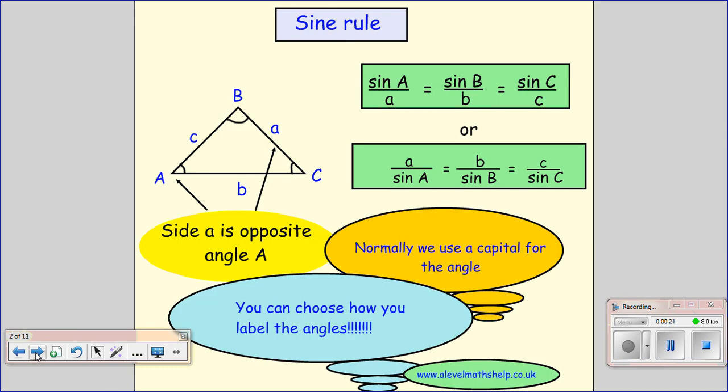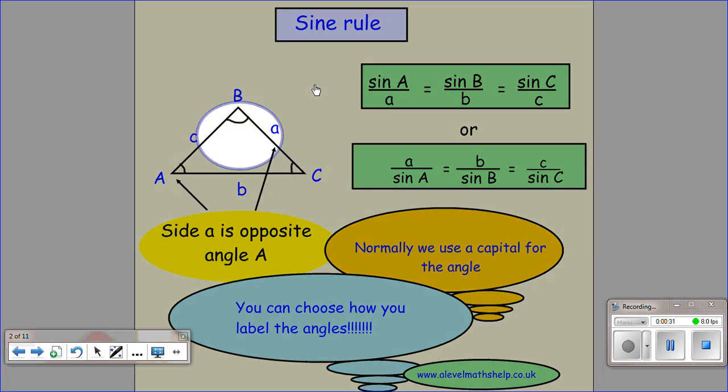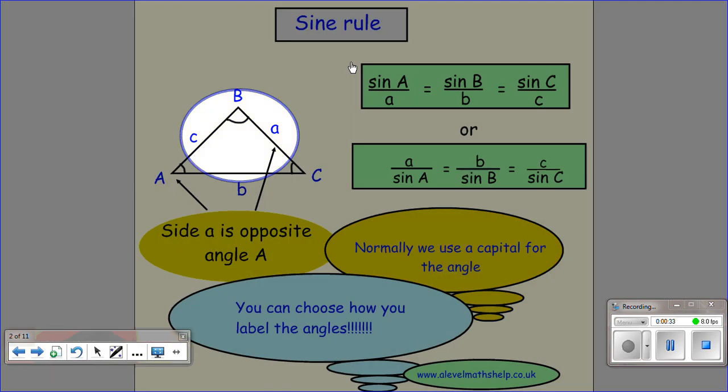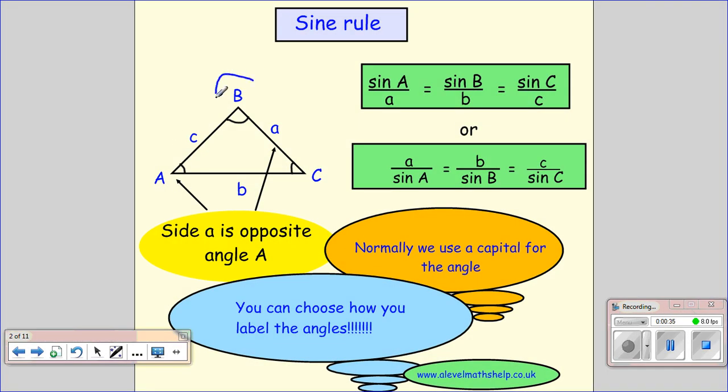Now, the key thing with the sine rule and the cosine rule is that you need to label your triangle like this. So what you must have is, when you have labeled this angle B, you must label the opposite side to be little b.